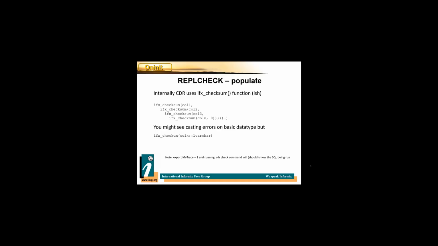That is absolute and utter rubbish. The manual is wrong. The IFX REPL check column is a compound column. They do not and have not, despite numerous requests, documented it. There is a combination of a checksum in there and also a timestamp.